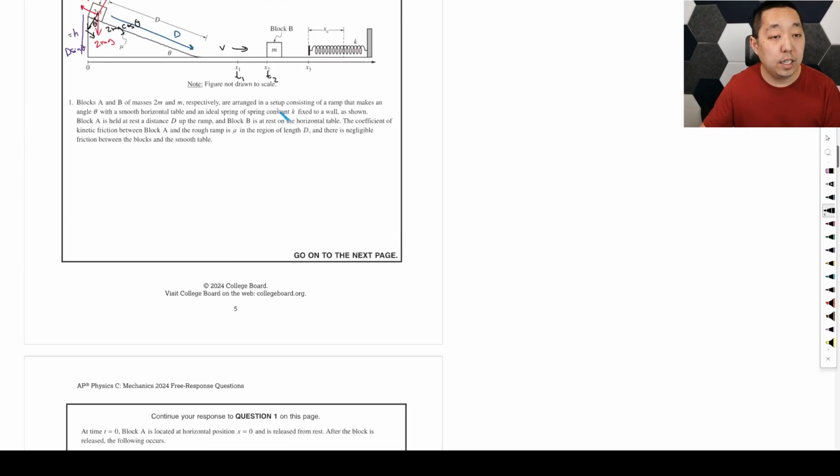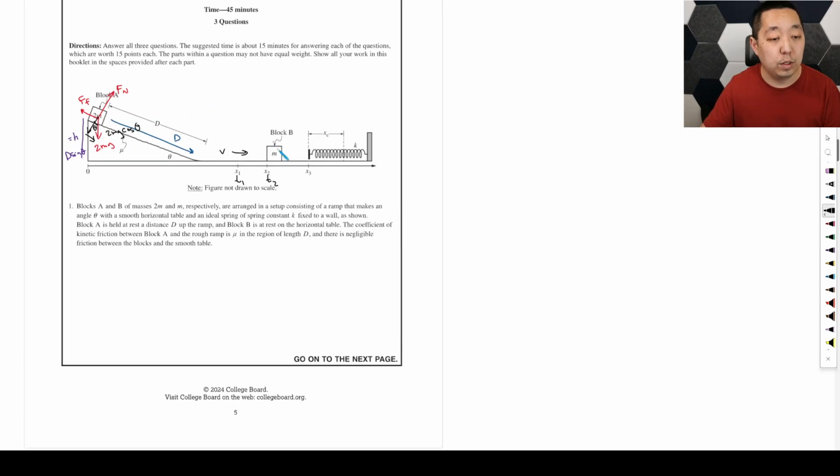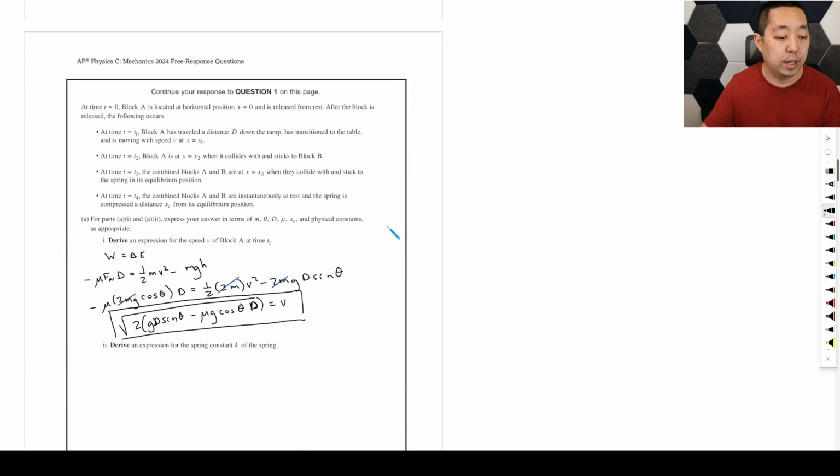Okay, so then it collides, so we have to do conservation of momentum. We have a 2m moving at v, and then we'll call this v2, and then we want to know the max compression. v2 is the speed after the collision, and then we'll convert the kinetic energy into spring potential energy, right? That's kind of the idea. So we're going to say the initial momentum is 2m v.